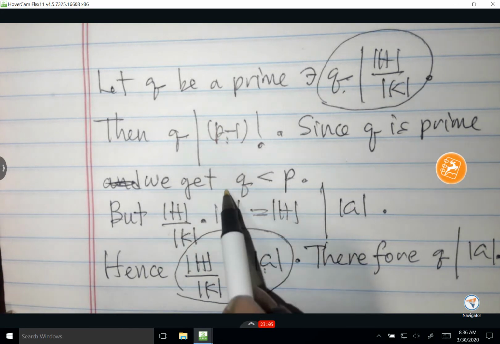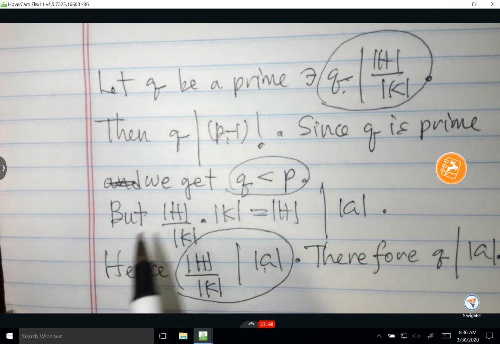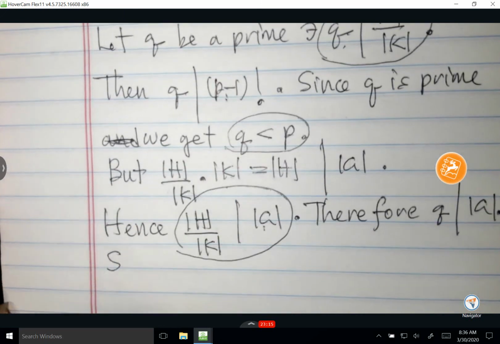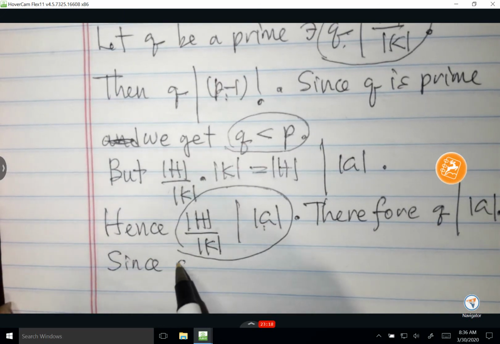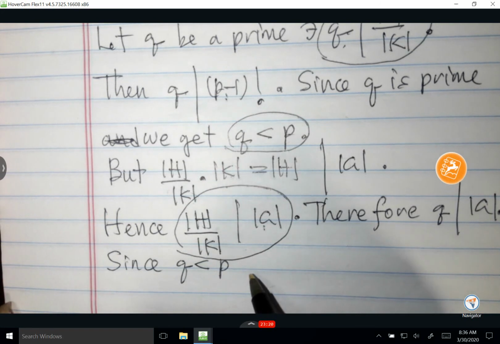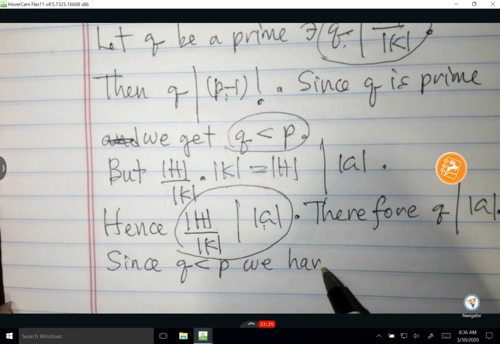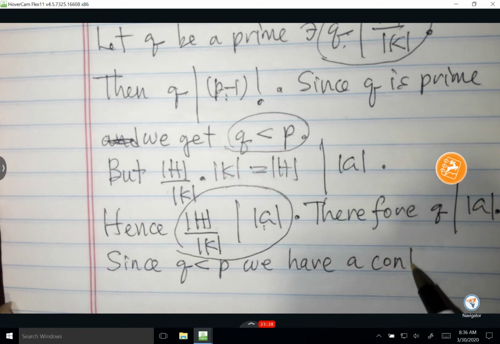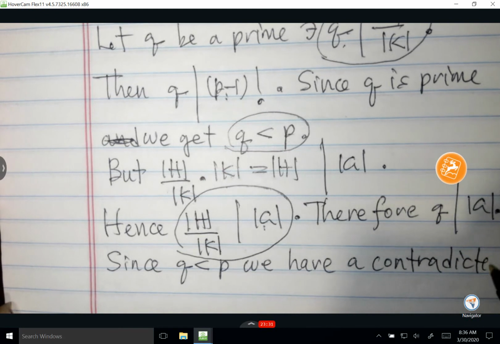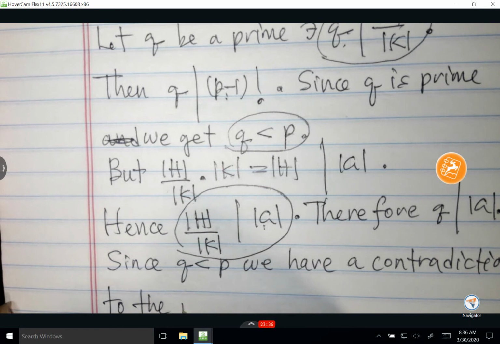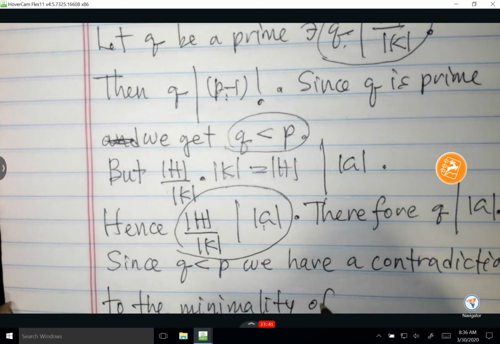But wait a minute, Q was less than P, and P was the smallest prime dividing the order of G. So I'll just say that. Since Q is less than P, we have a contradiction to the minimality of P.